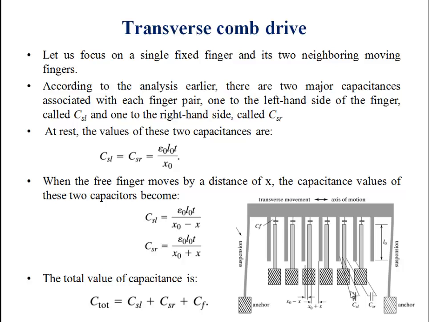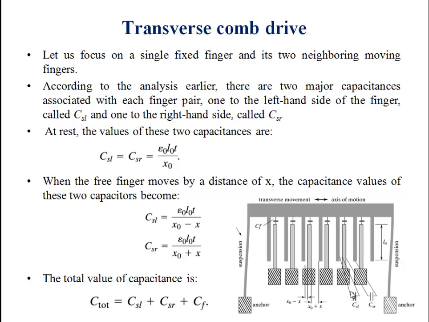At first, the capacitance value on the right hand side and the left hand side is epsilon 0 L0 into T divided by the distance, that is x naught. Now the movable finger moves by a distance of x. Then the capacitance value can be written as epsilon 0 L0 T by x naught minus x.